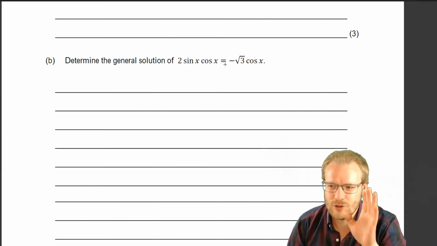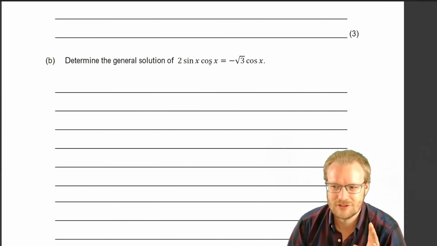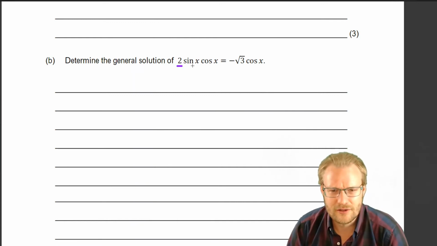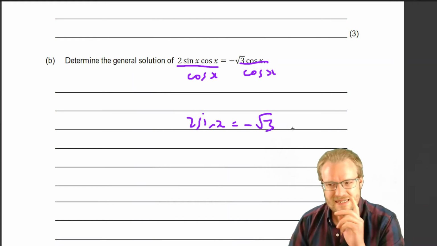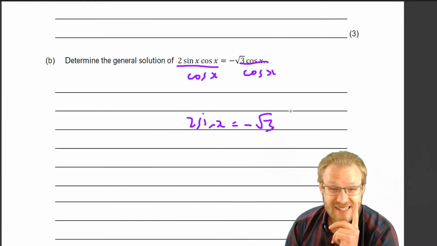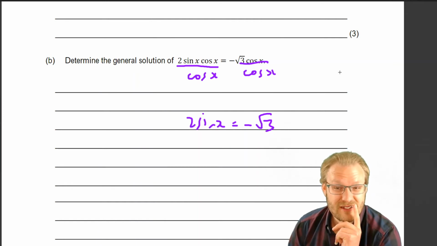And what I want to caution against, because this is where some of us made a bit of a mistake once before, is where we said, okay, well, we can divide by cos x, we can divide by cos x, and therefore we've just got 2 sine x equals minus root 3. Issue with that is that if cos x equals 0, we've gotten rid of a solution.